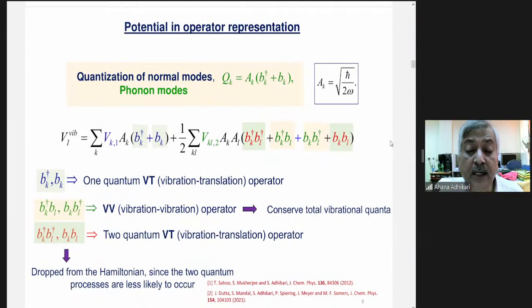where the first term is a linearly displaced coupling term. The first term is called the vibrational translational operator, because vibrational modes are getting excited because of the kinetic energy of the incoming diatomic molecule. And this K is the number of normal modes, the number of surface atoms multiplied by 3 because you have 3 degrees of freedom for each atom.